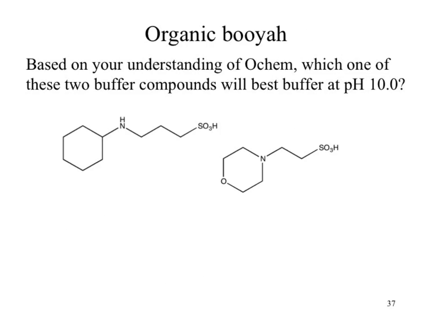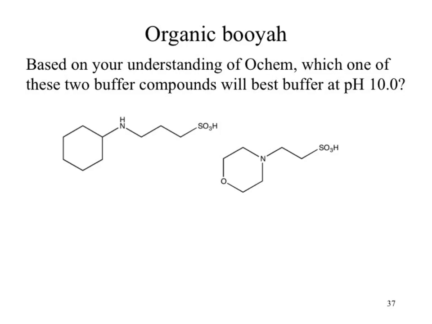So, just because I always got to do this, which of these would be the best compound to buffer at a pH of 10? Okay. So of course the next question would be, why?